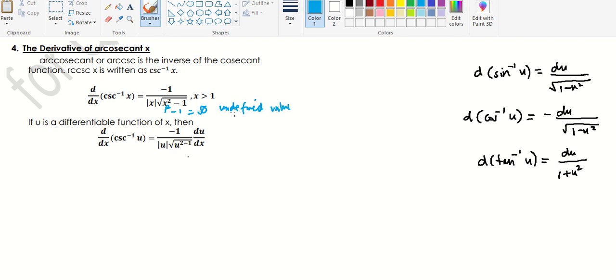Okay? And kapag naman x is less than 1, let's say negative 1, no? So automatic magkakaroon tayo ng imaginary number. Okay?